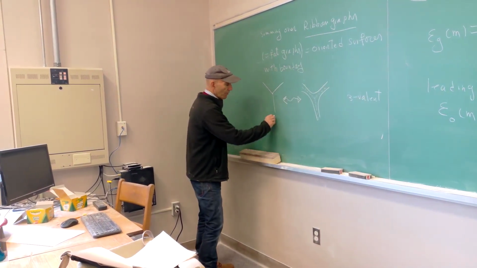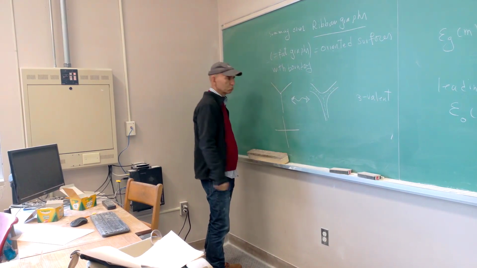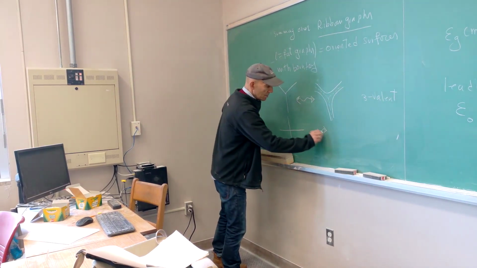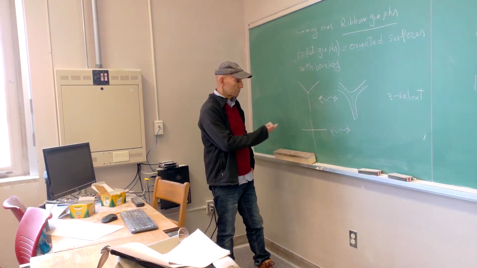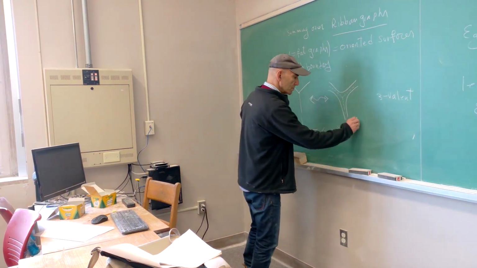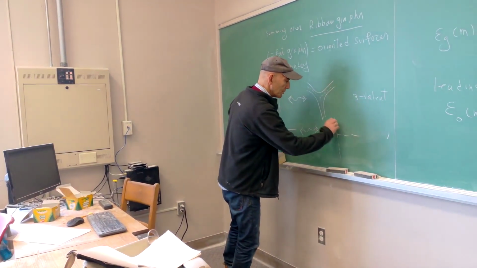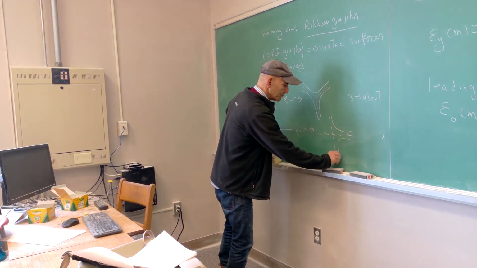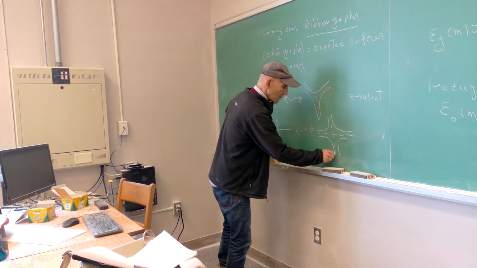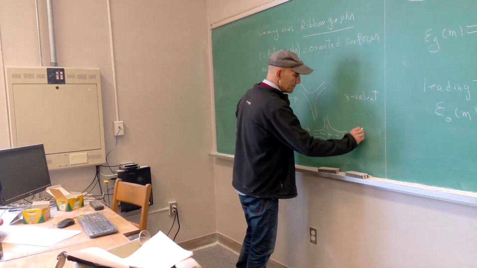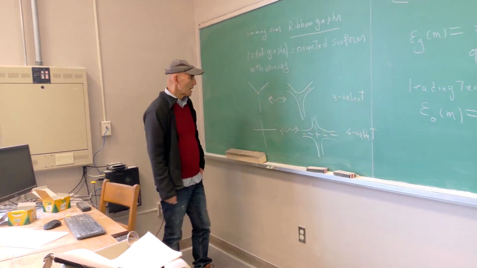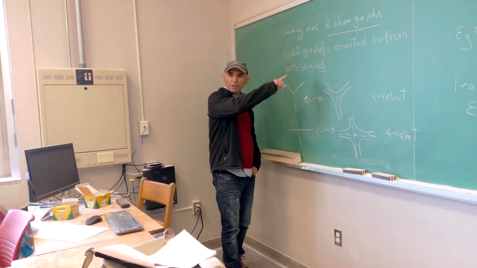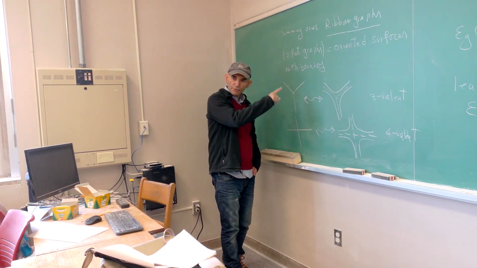You can have a 4-valent vertex; again, you can draw the corresponding 4-valent thing. Now we orient these things, each of these guys.